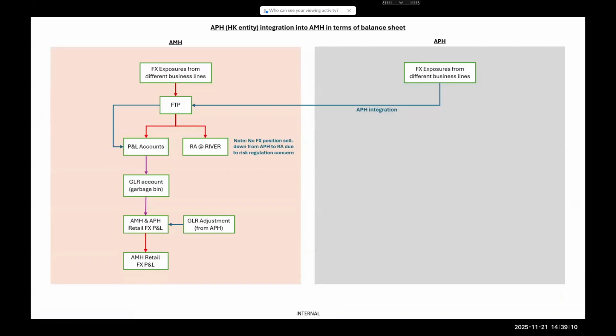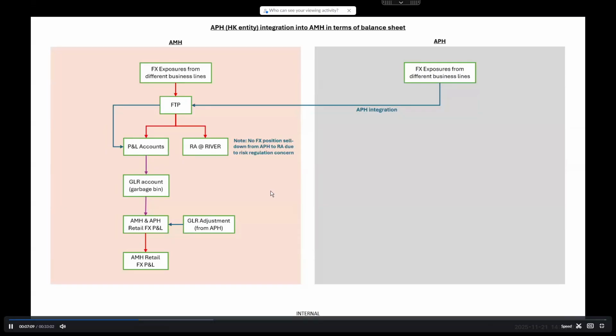And because we are doing a process called APH integration, we want to include the FX exposures from the APH entity into our FTP as well. Is it clear to you?